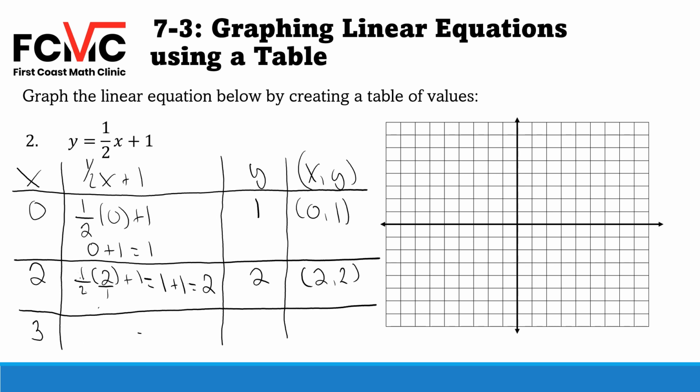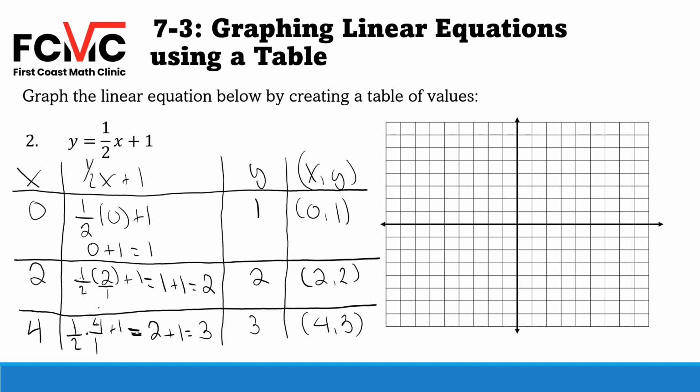So another good choice instead of 3 would be a value I could take half of, so it would be 4. So let's do 1/2 times 4 plus 1. 1/2 of 4 is 2 plus 1 is 3. So our ordered pair is going to be 4, 3.